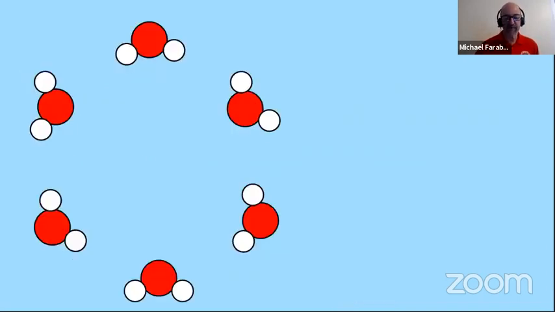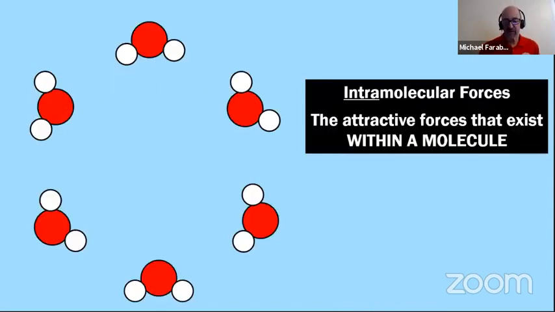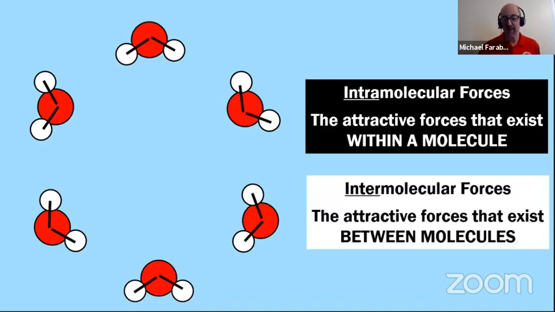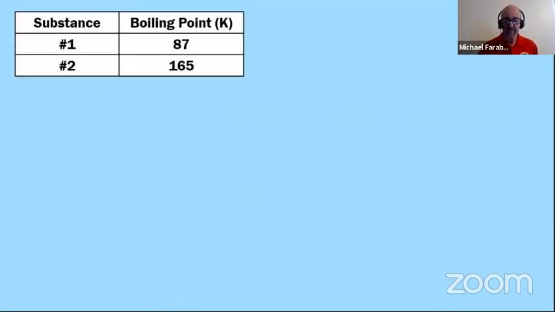So here I have some water molecules. Intramolecular forces are these, the attractive forces that exist within the water molecule itself. On the other hand, intermolecular forces are the attractive forces that exist between the molecules. So make sure that you have a clear understanding of the difference between these things.